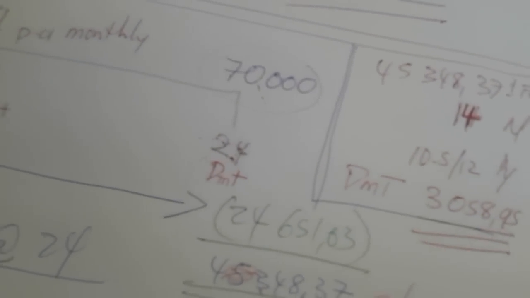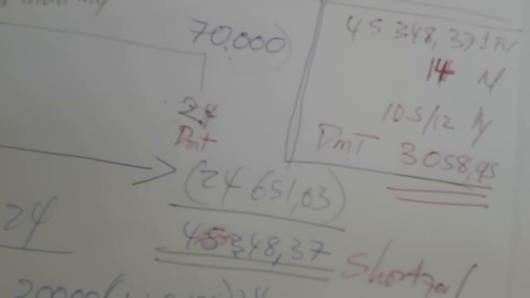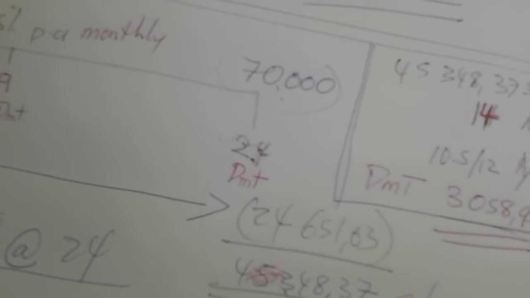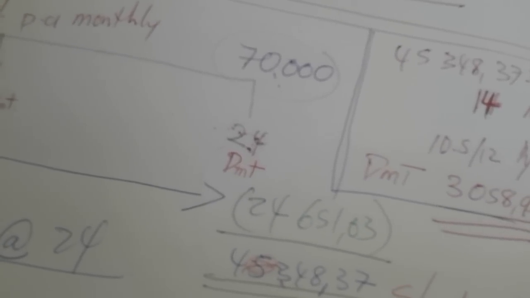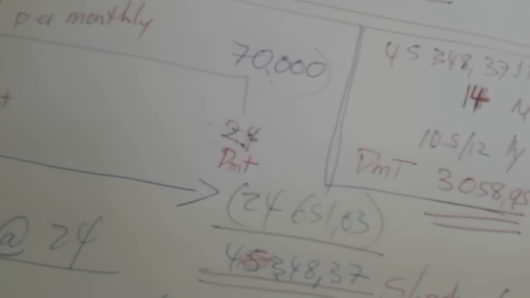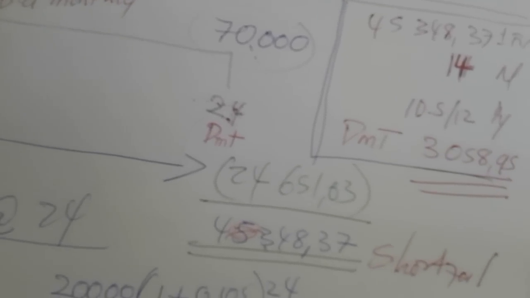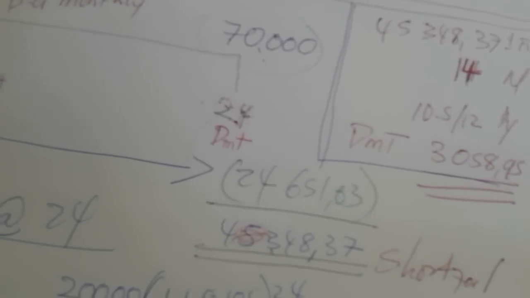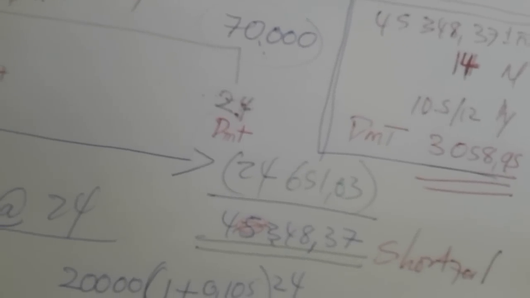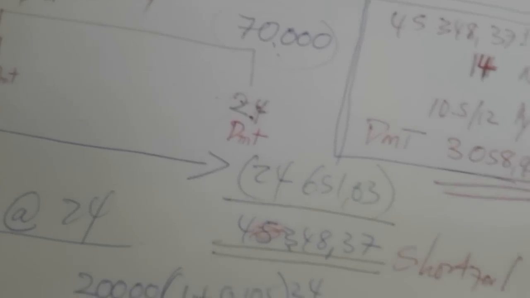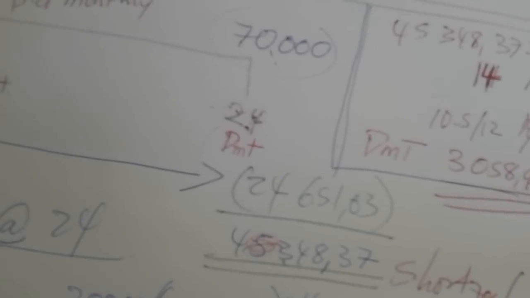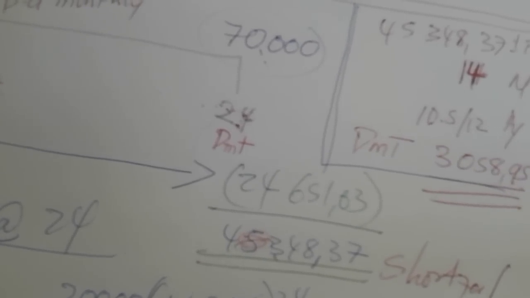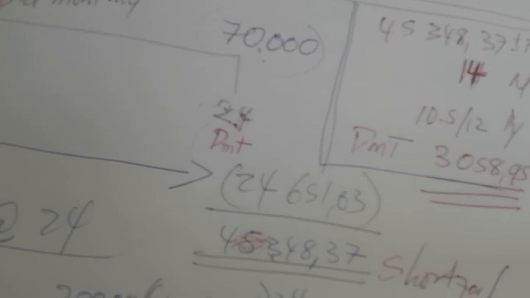Okay, let me just confirm that one. That's 45,348.37 plus minus PV, then 14, that's your N, then 10.5 divided by 12, that's your I, then compute PMT. Okay.